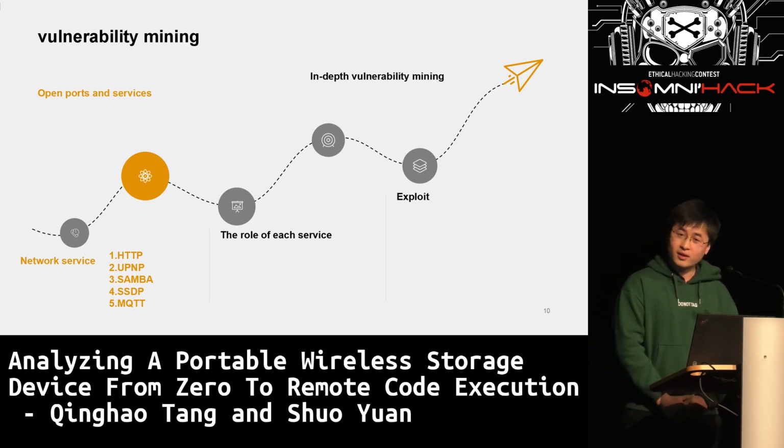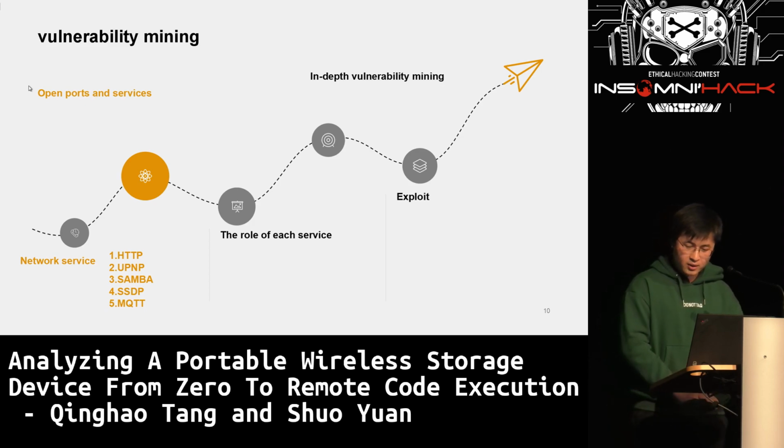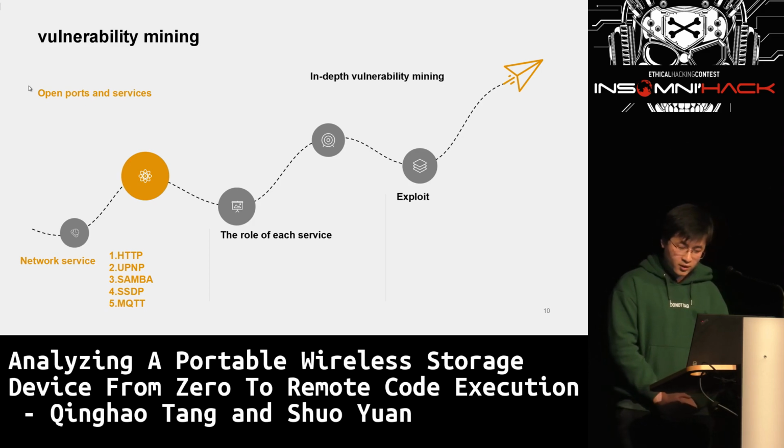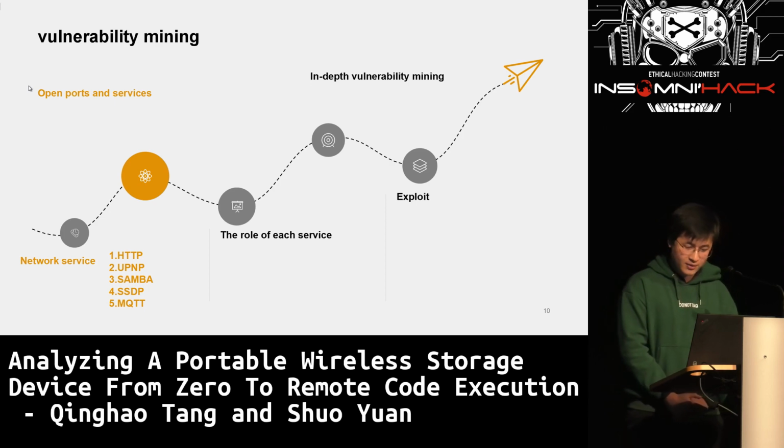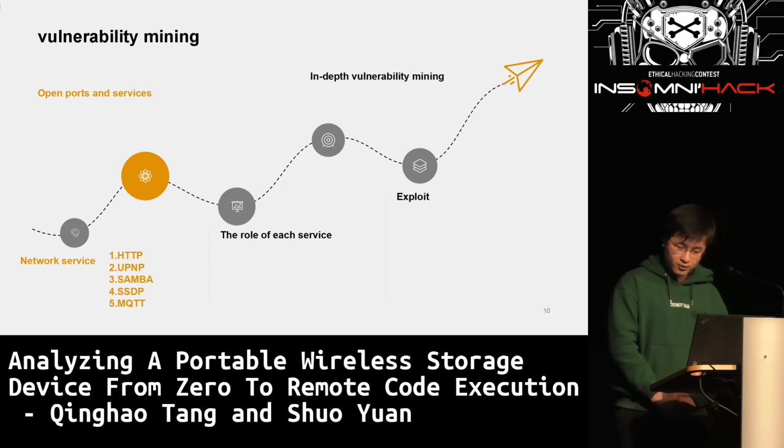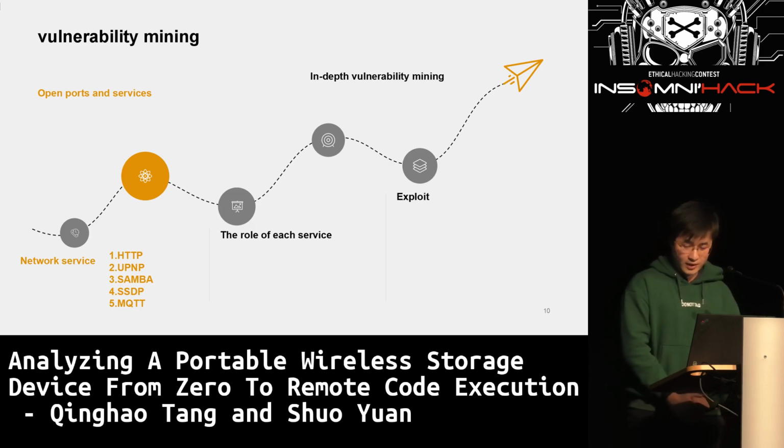Because the IoT device is different from the Linux PC host. Compared to the IoT system, the system is a cut-down version. The function is much less than the operating system of the PC.